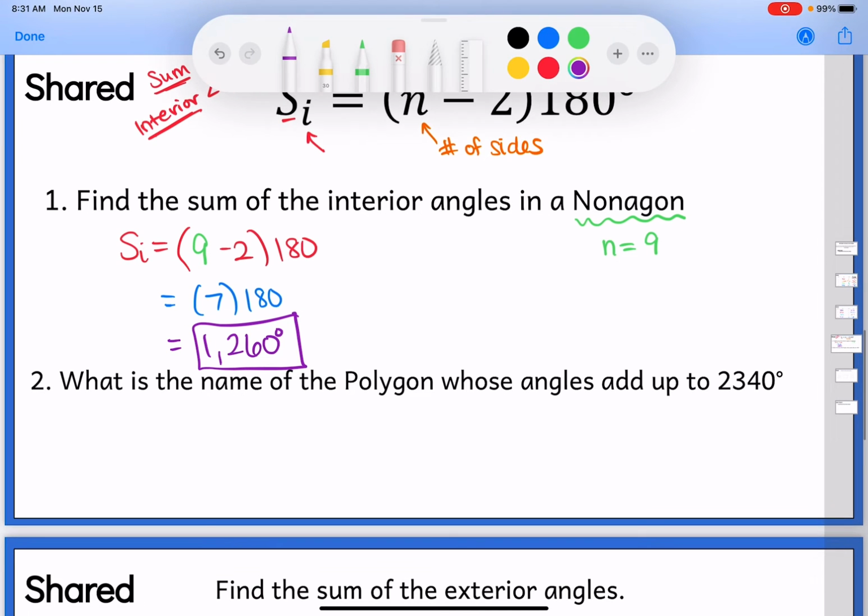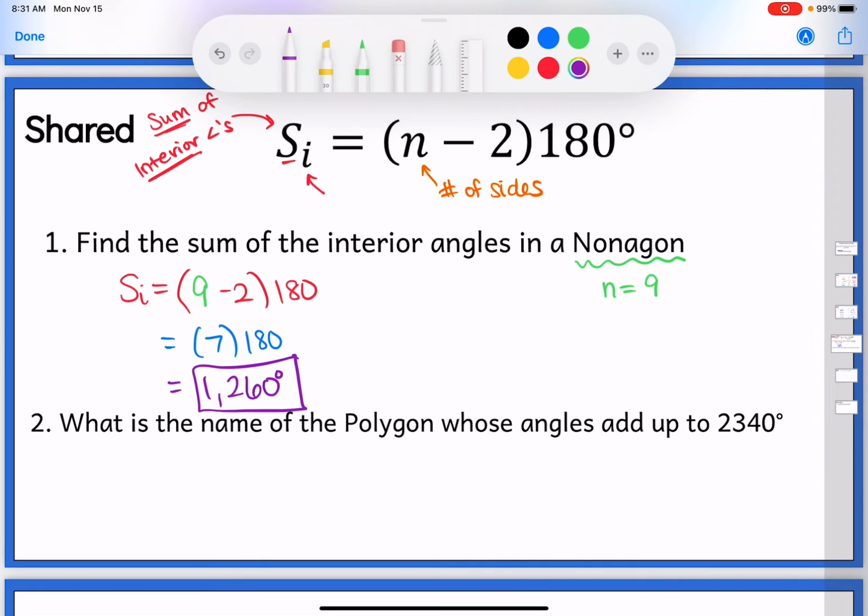All right, now the second one says, what is the name of a polygon whose angles add up to 2,340 degrees? Oh my gosh, that's huge, right? I definitely don't know that one by heart. But this is a way I can use this same formula, but I don't have to use it to solve for the S I. I can use the same formula and solve it for n, right?